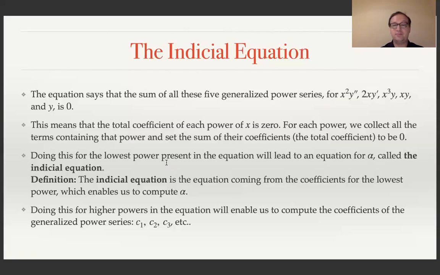We compute the coefficient corresponding to the lowest power in the equation. And setting it equal to 0, we get something called the initial equation. So this is the equation that comes from the coefficients for the lowest power, and this enables us to compute alpha. So the lowest power in the equation plays a special part. Solving the equation for that lowest power enables us to compute alpha.